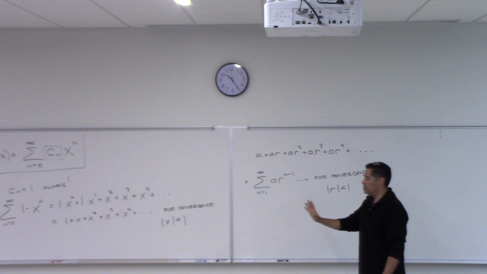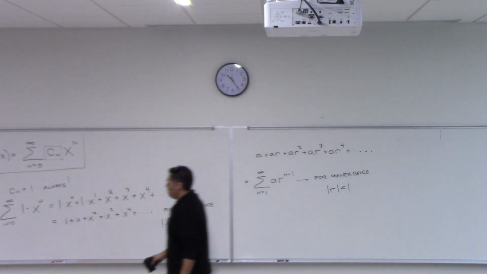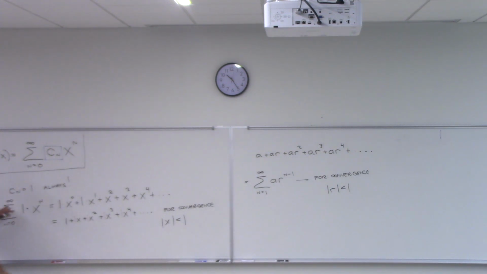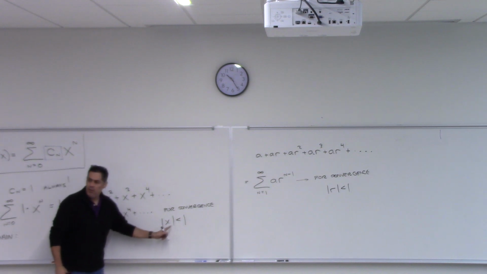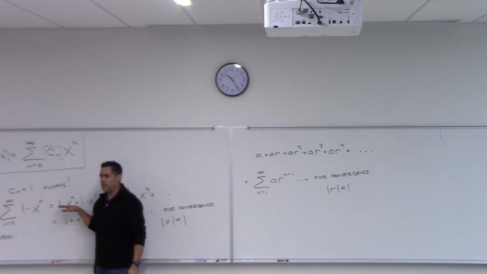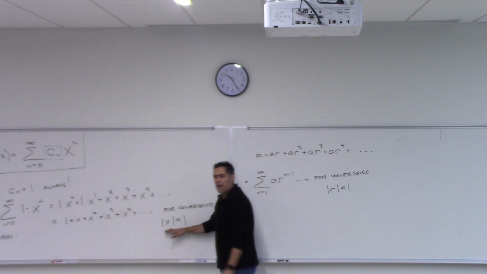Which means that if we define this to be a function, f of x, then what is the domain of this function? Well, this thing will only converge when the absolute value of x is less than 1.